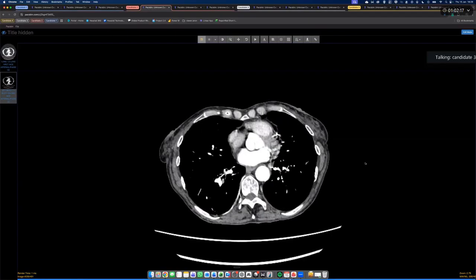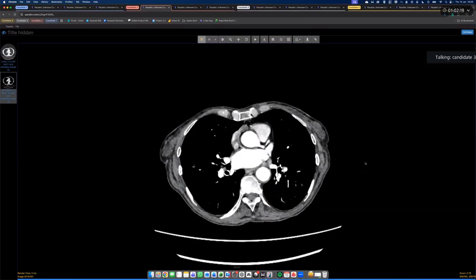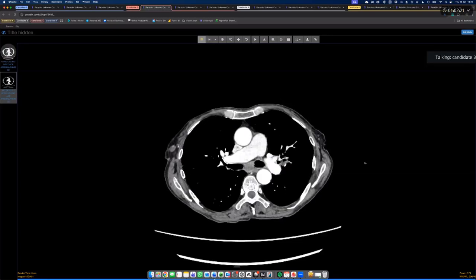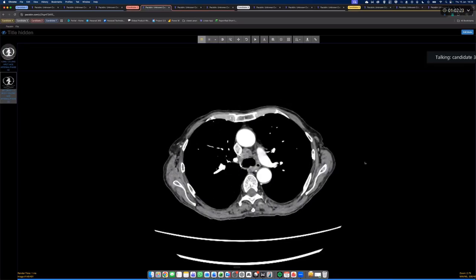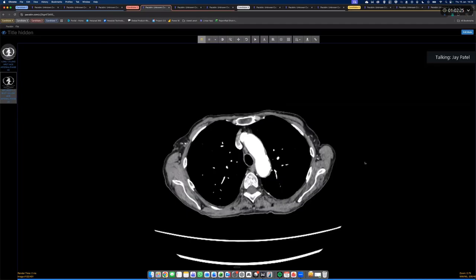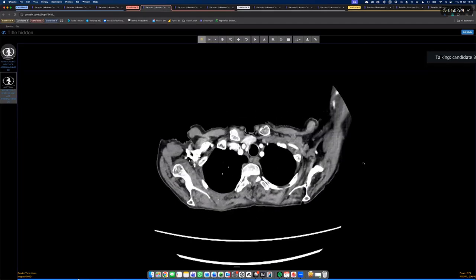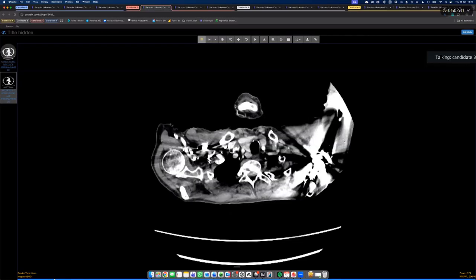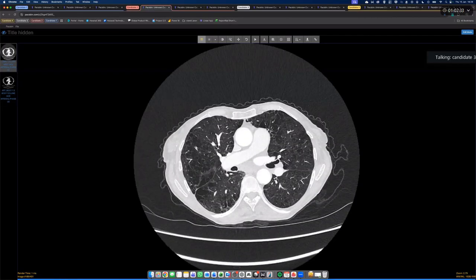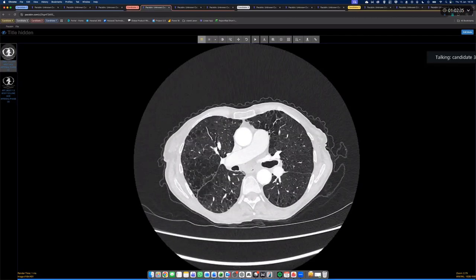On the initial scroll, I was not able to visualize any large lesions, but I could see an enlarged subcarinal lymph node, also a pretracheal lymph node. I would like to look at the lung window images, which could show small pulmonary nodules, if any.